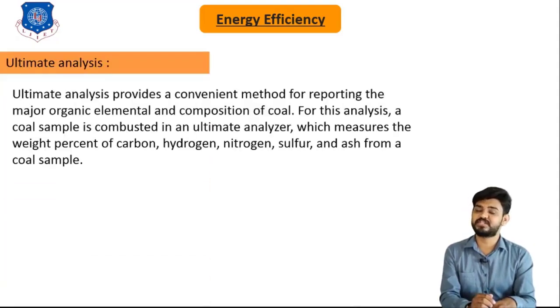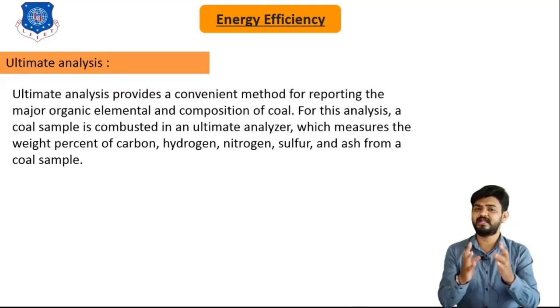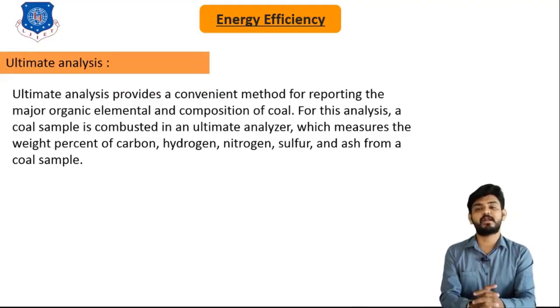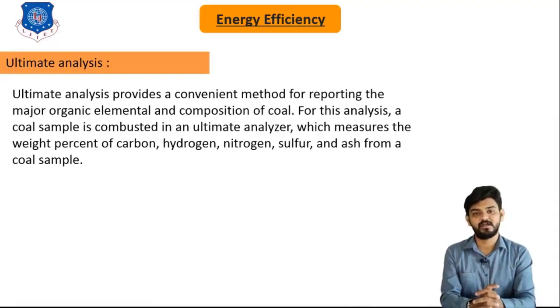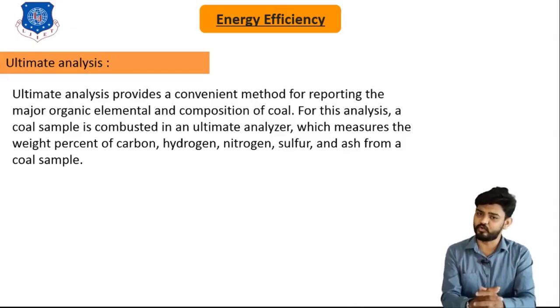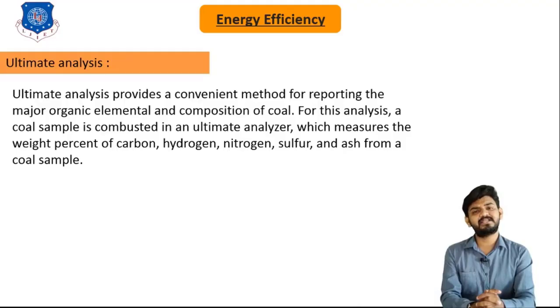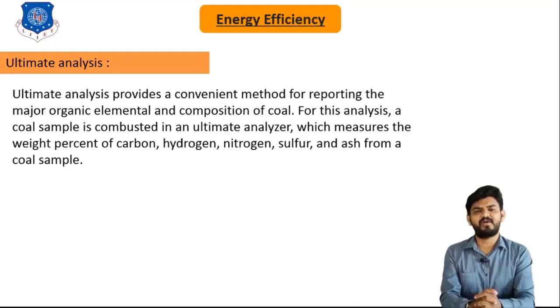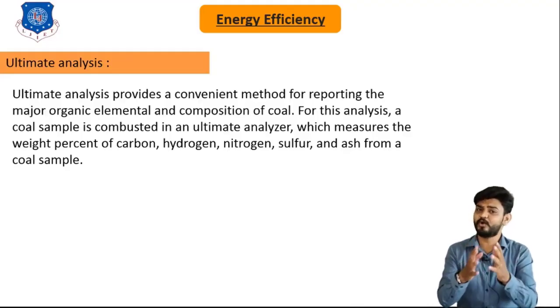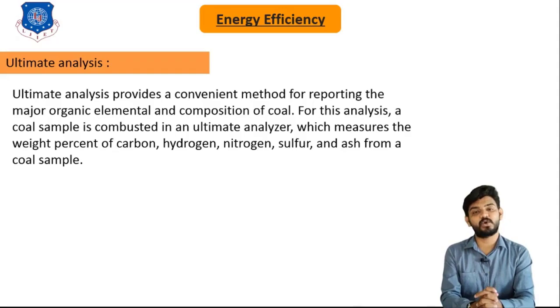So, let's get started. The ultimate analysis provides a convenient method for reporting the different major organic components present in the coal, or we can say that it helps to find the composition of coal. For this analysis, a sample of coal is kept in the ultimate analyzer, where we measure the different components present in the coal.